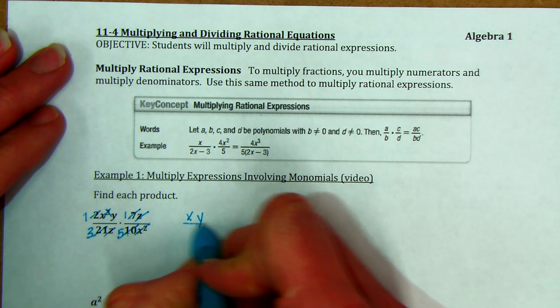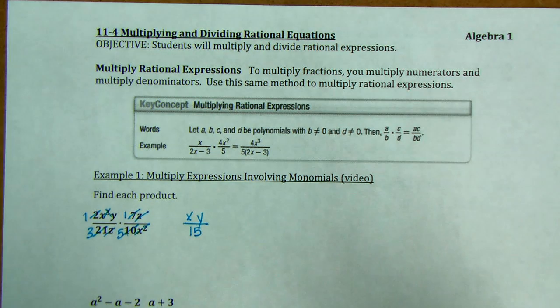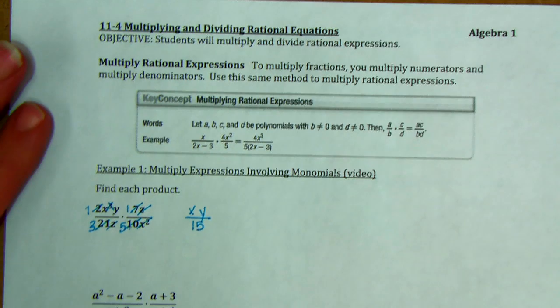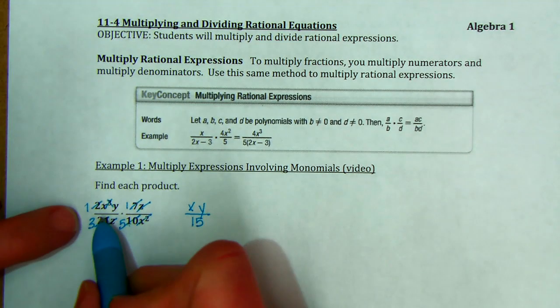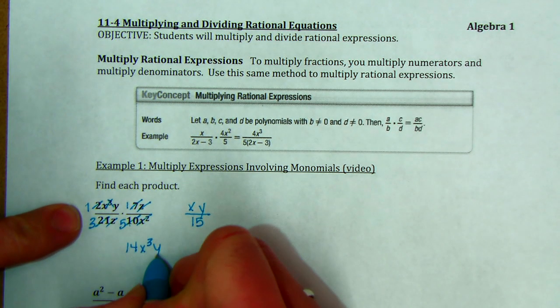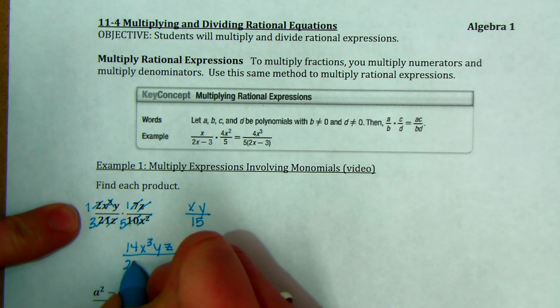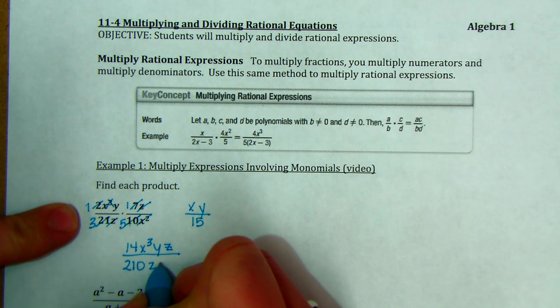Now, if you multiply first, you can do that. If you decided to multiply first, it would simply be 2 times 7, which is 14x to the third y z, and on the bottom would be 210 z x squared, and then simplify. Or even 21 times 10, and just simplifying that way.